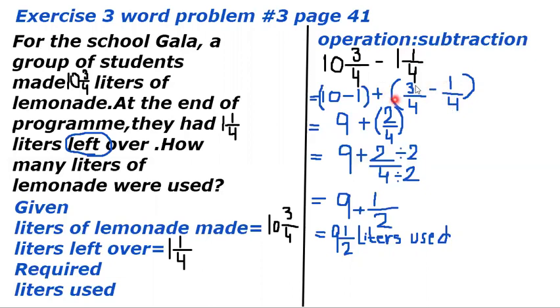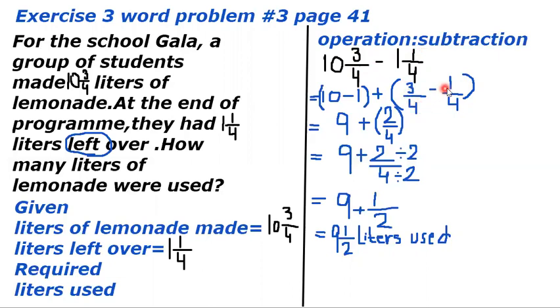But in this step, we have to subtract the fractional parts. 3 upon 4 minus 1 upon 4. We have to subtract 1 by 4 from 3 by 4.